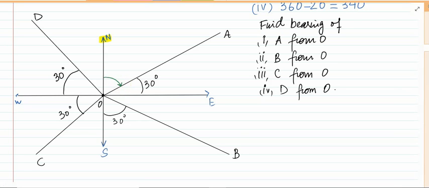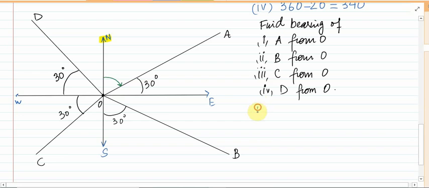We know that from north till east we covered an angle of 90 degrees, right? If I subtract 30 degrees from this whole angle of 90 degrees, I can get this green angle, right?